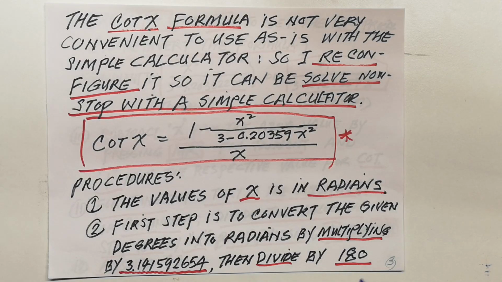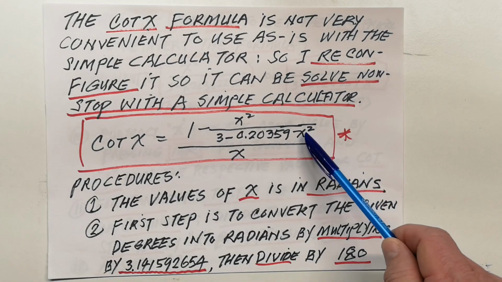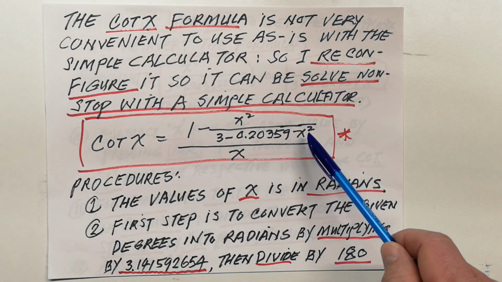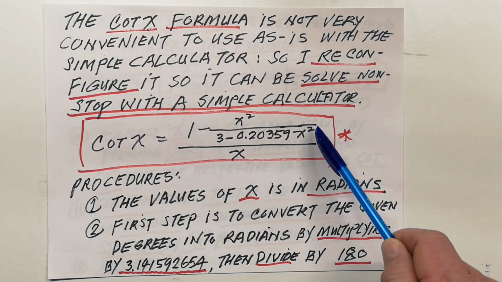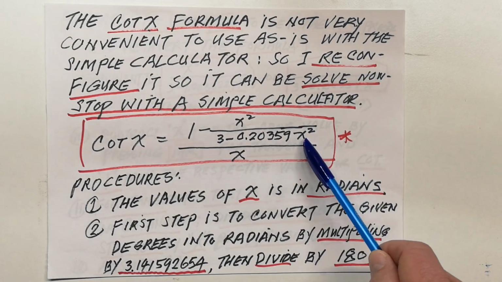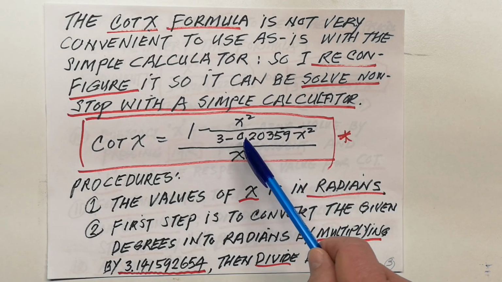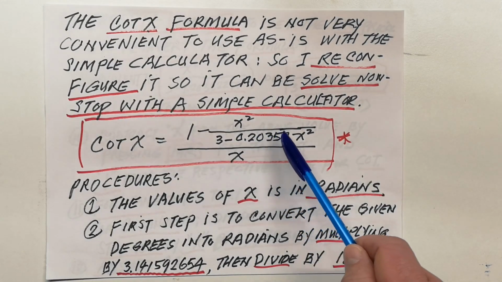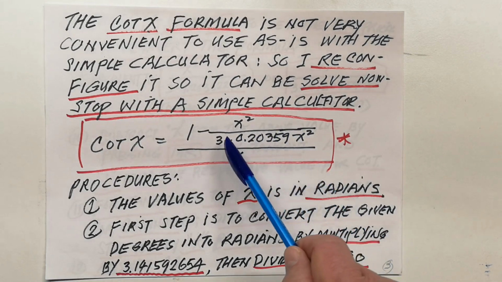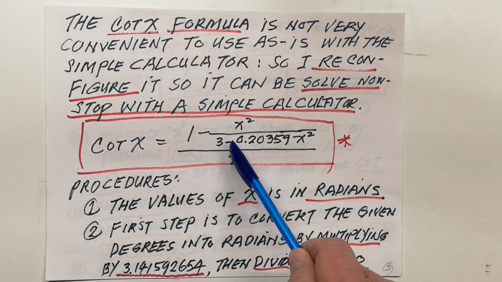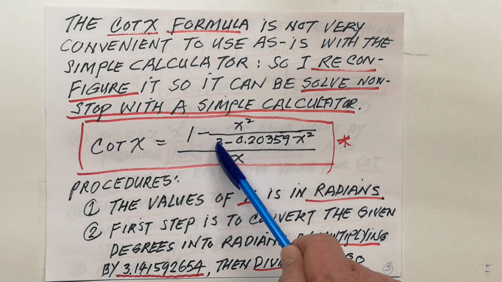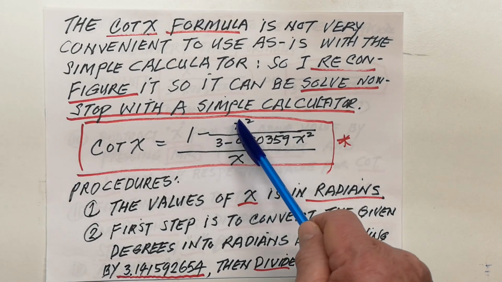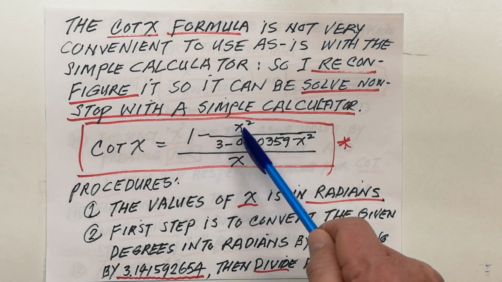And for the cotangent, it's also the same. You start from the x squared. You retrieve the value of x from MR. You square that one, that's times equal. And then you multiply it by 0.20359. After that, you change the sign with the positive negative key. And then you add 3. And you divide it by x twice.